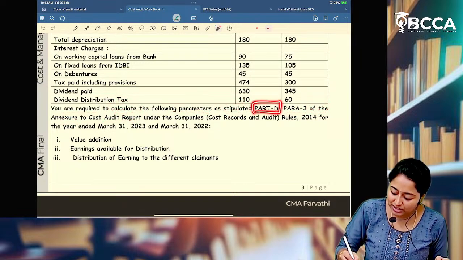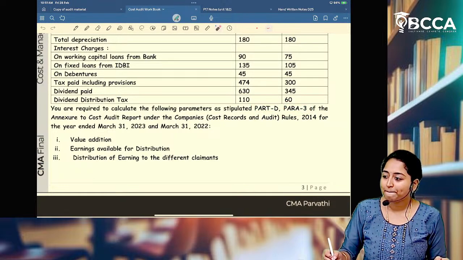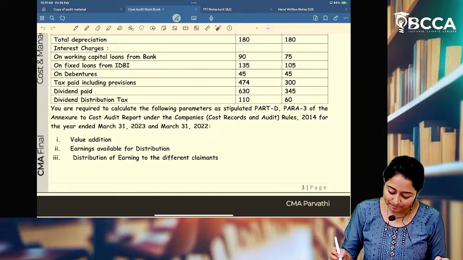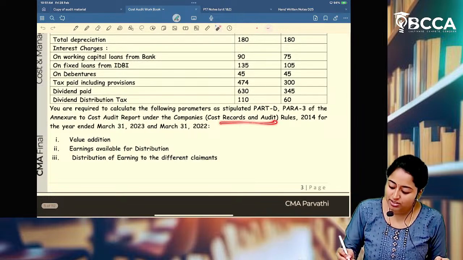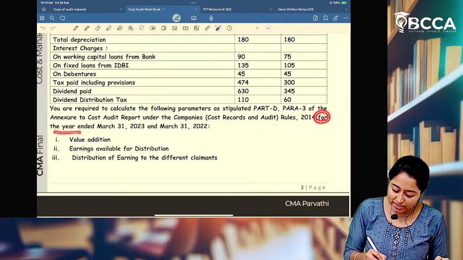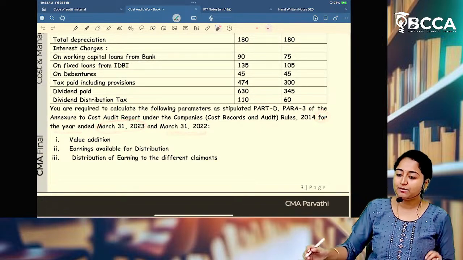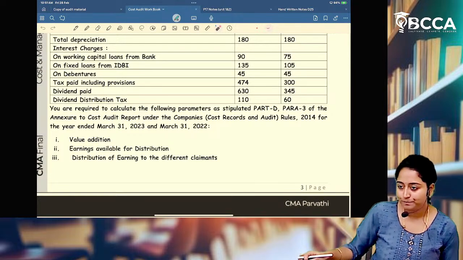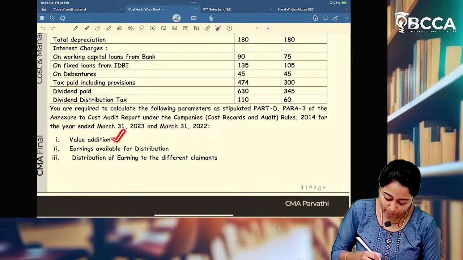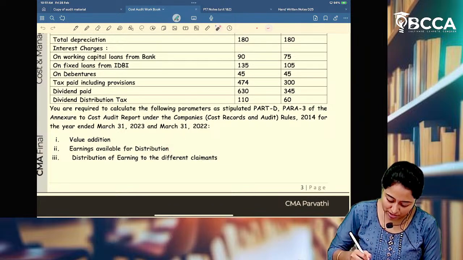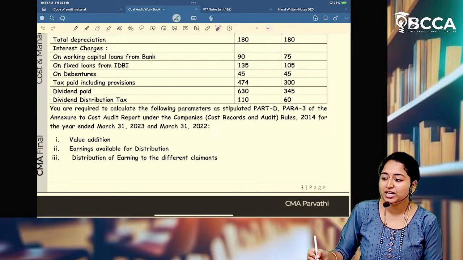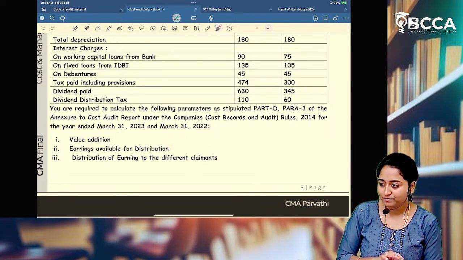Now what is part D, para 3? Value addition. Under the company's cost records and audit rules 2014 for the year ended March 31st, 2023 and March 31st, 2020. They have asked regarding value addition, earnings available for distribution and distribution of earnings to different claimants. Shall we do? We'll do.